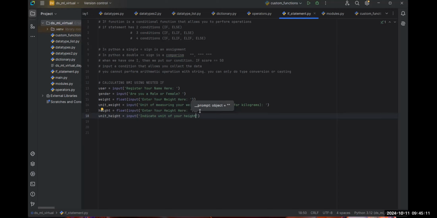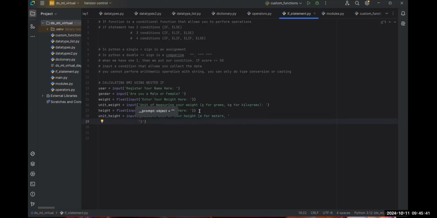Now, in brackets, we are saying that we are using M for meters, comma. Let's do a line break here.